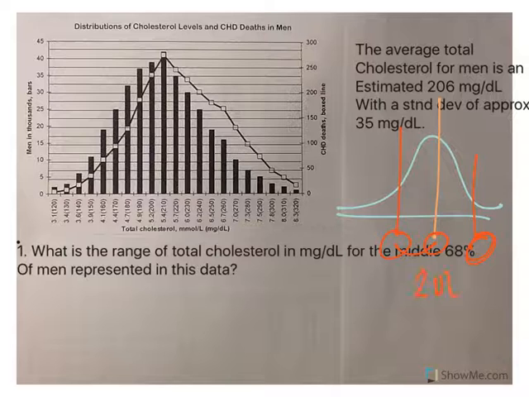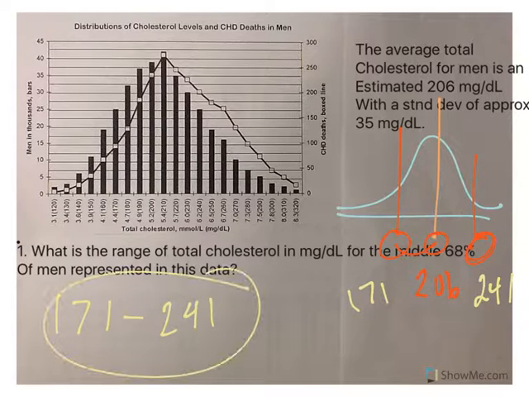If my mean is 206, I add 35 going to the right, which gives me 241. I subtract 35 to go to the left, and I get 171. So my range of data is 171 to 241. 68% of men have cholesterol between 171 and 241. So that's approximately here to here, approximately, because we know we've got to approximate.